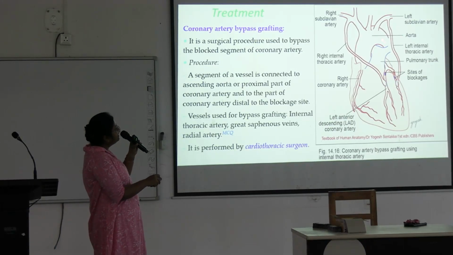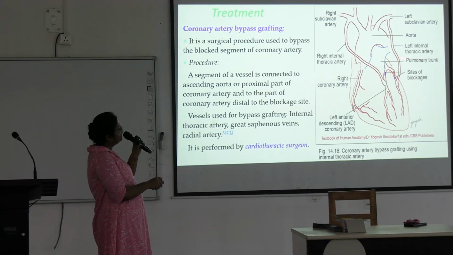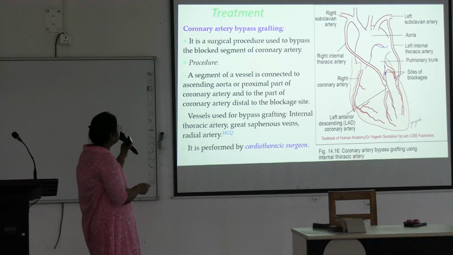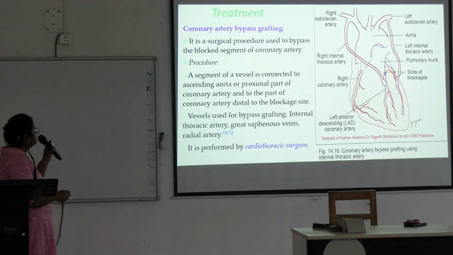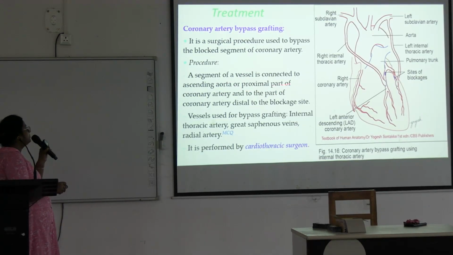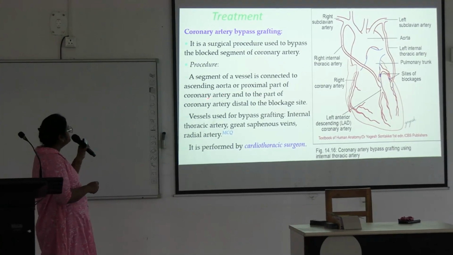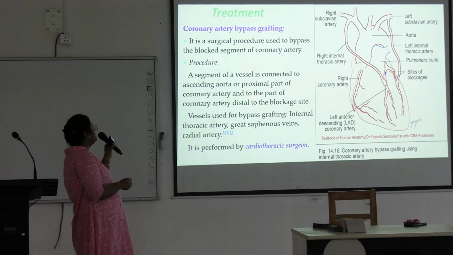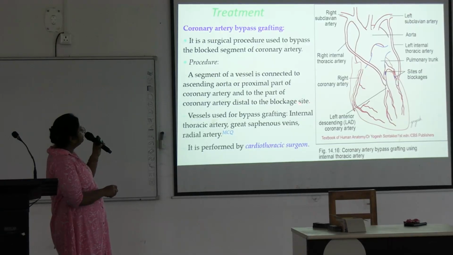Okay, and here left internal thoracic artery is connected distal to this blockage in the left marginal artery. So a segment of vessel is connected to ascending aorta or proximal part of coronary artery and to the part of coronary artery distal to the blockage site.